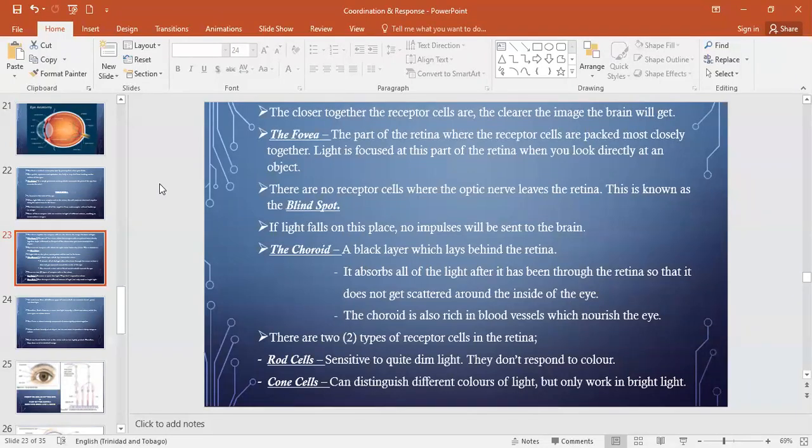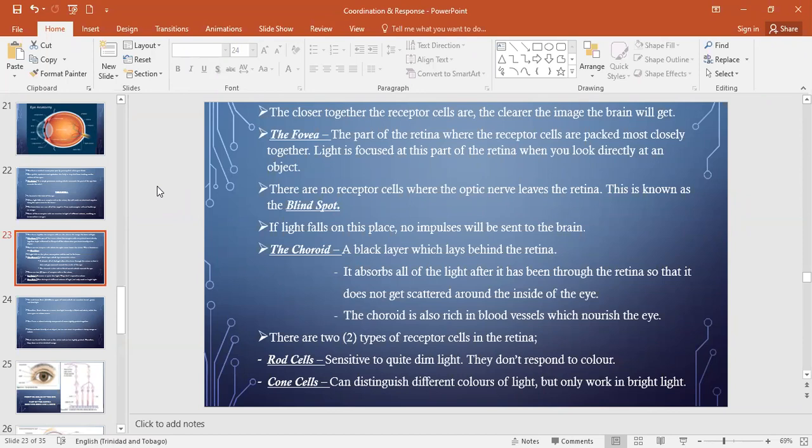So what that will do is absorb the excess light after it has passed through the retina. You will have the light that is responsible for creating the image that you are seeing, but you'll have excess light that might be scattered in there. So you need the choroid, which is that black layer that will absorb any excess light in order to prevent you from suffering from any kind of light chaos inside, all right?